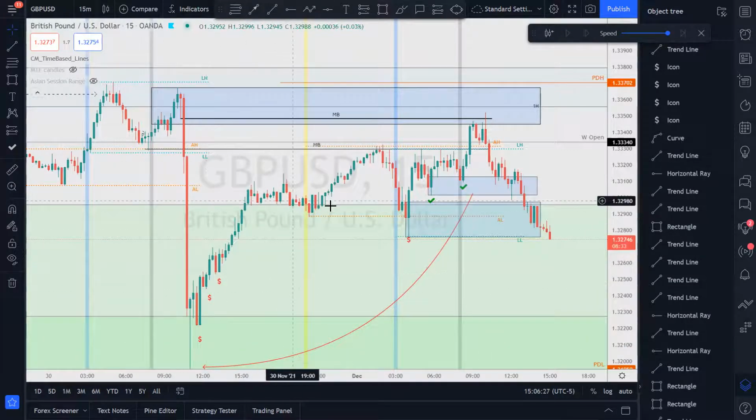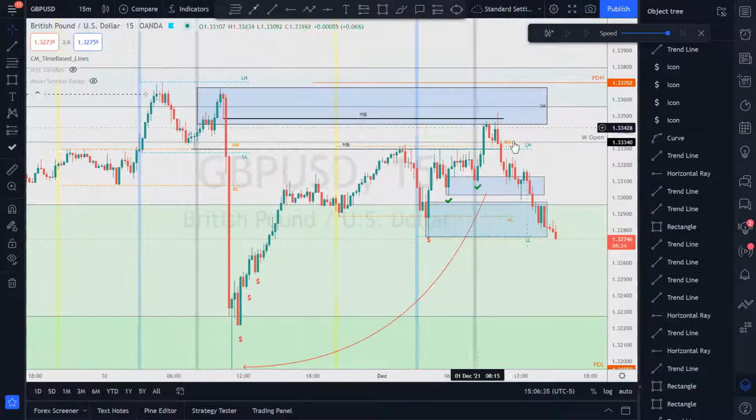Price generates this on the way up as it was retracing this long impulse, and it came up to this order block. If I would have stood back, I would have seen this obviously going through all of the sessions. I would have said, hey, there's a good chance it's going to come up here.